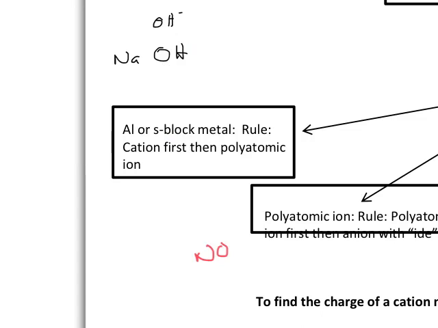Both parts aren't polyatomic ions, and sodium is in the first group. So this one is sodium hydroxide. Don't need to indicate a charge because the common charge on sodium is +1.